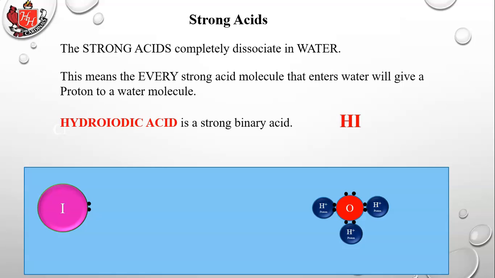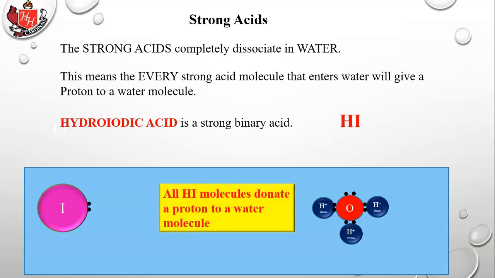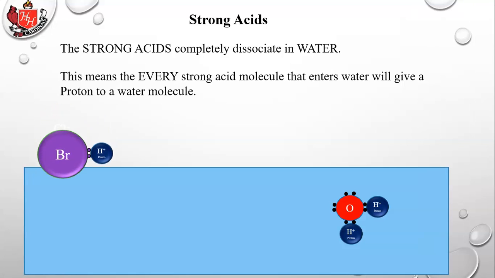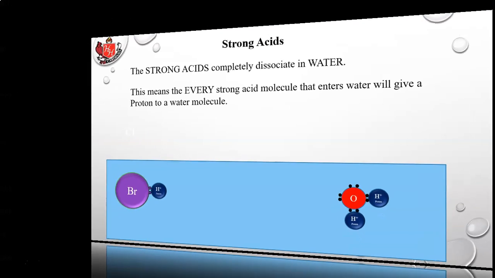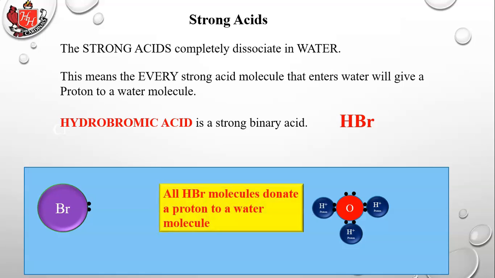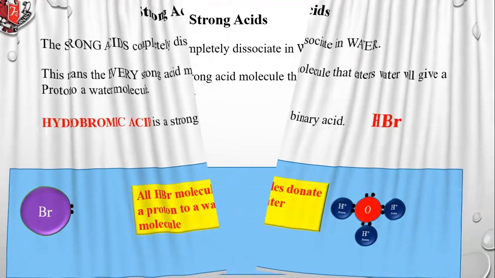All HI molecules donate a proton to a water molecule. Water acts as a base because it accepts the proton. Next, hydrobromic acid, HBr, is a strong binary acid. The proton goes over to the water molecule. All HBr molecules donate a proton to a water molecule.